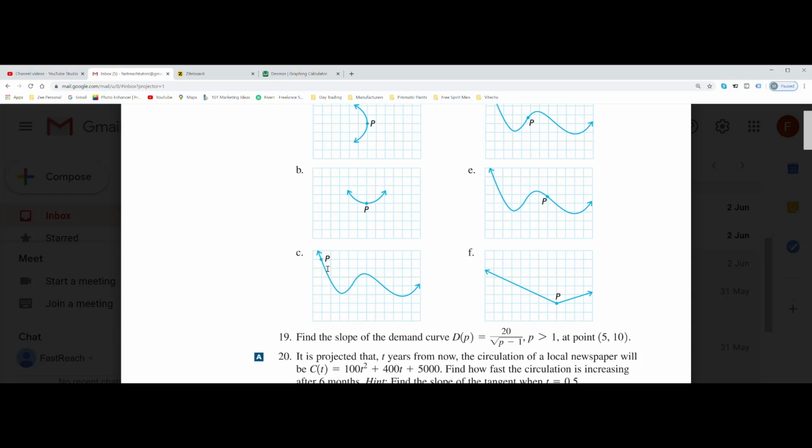Okay, this one, what we can do is take a rough estimate of the slope. We know that it's negative because it's going down. So let's take some points that are close.